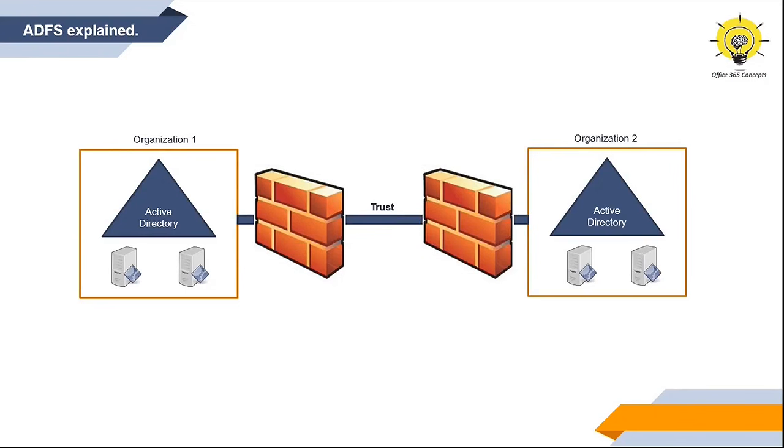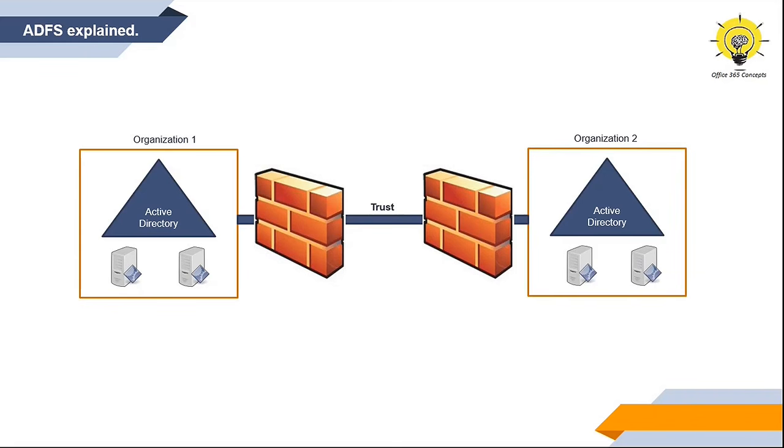But this can lead to a security risk because both organizations will be able to access all of their resources. And moreover, in order to create a trust, both organizations need to open certain port numbers. For example, 389, 443, 89, and 636.